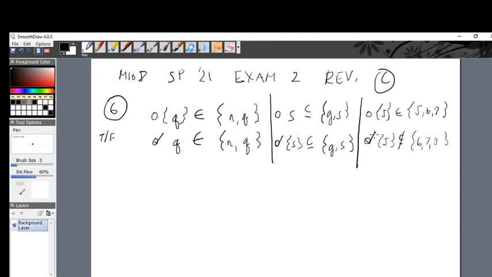Okay, here we go. Here's one more pair. The first of the pair says 11, 13, 15. This set is a subset of 1, 3, 5, 7.